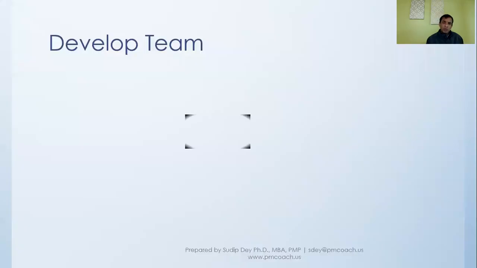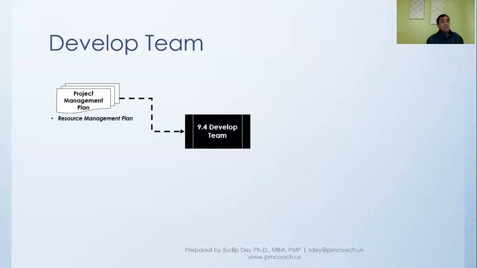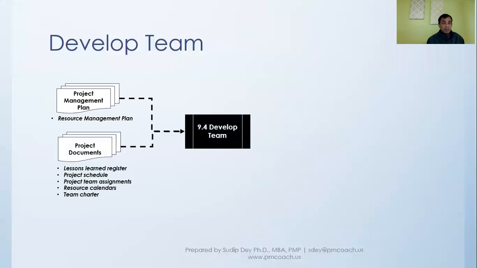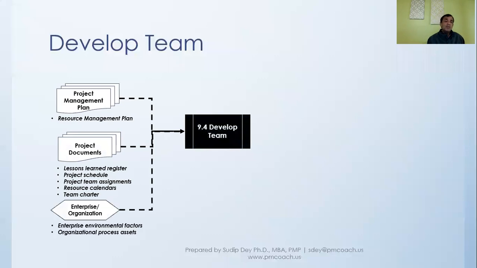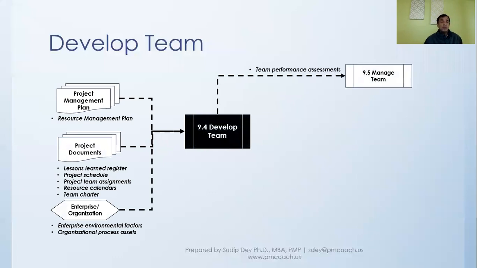If we look at the data flow for develop team, we'll find that we are taking input from the resource management plan in the project management plan, and of course many project documents as well. And then we will get inputs from enterprise environmental factors and organizational process assets.